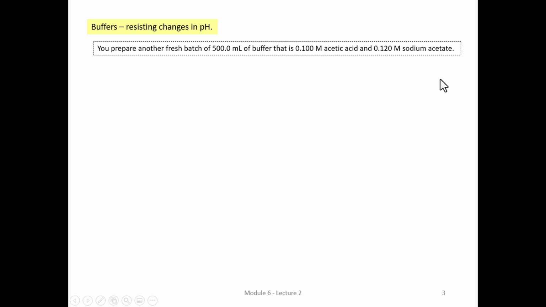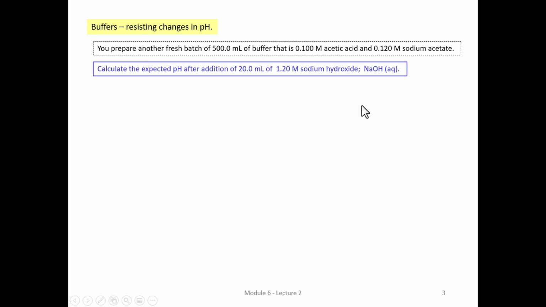So suppose you now prepared another fresh batch of 500 milliliters of buffer, that is 0.1 molar acetic acid and 0.120 molar sodium acetate. You just make a whole new batch. We want to now calculate the expected pH after addition of 20 milliliters of 1.2 molar sodium hydroxide, the strong base.